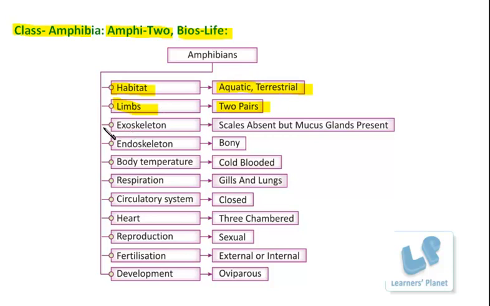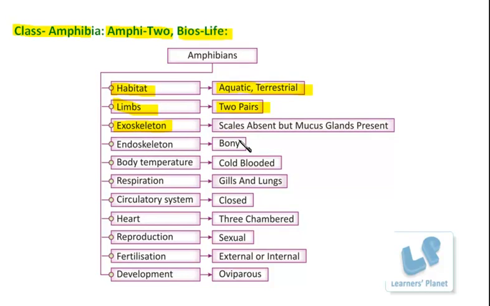I'm sorry, these organisms do not have the exoskeleton. A typical exoskeleton is absent. See, amphibians are the first group which is adapted to terrestrial life. In the previous group, that is Pisces, scales were present as an exoskeleton, right?